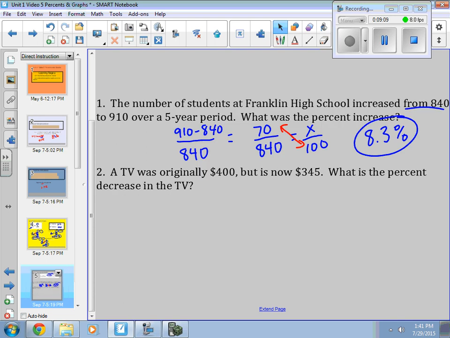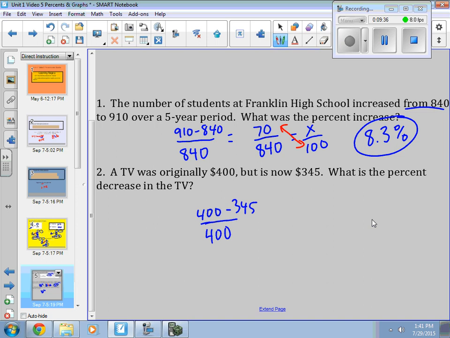All right, let's see how you did. TV was originally $400, so they tell us right there, that's your original amount, that should go on the bottom. On top now we need the difference, but it is now 345. If you put 345 just by itself on top, not correct. We need the difference, remember. So what is the difference in the prices? We need to take 400 and subtract 345 to find the difference in price.